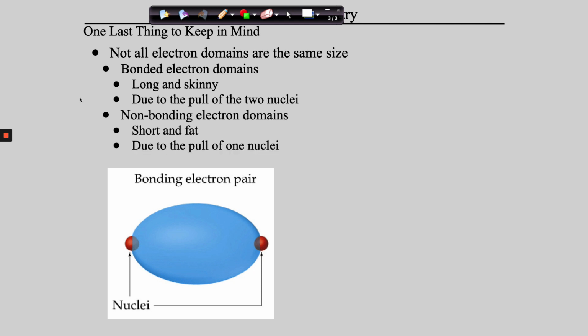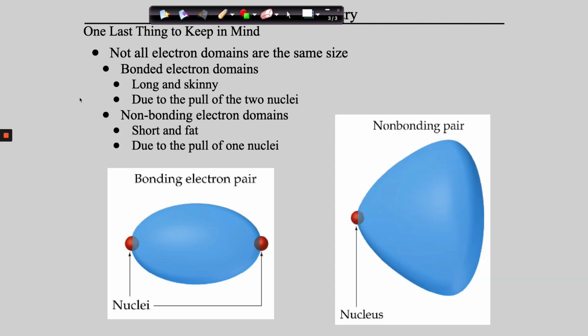Because they only have one nucleus pulling on them. And because only one nucleus is pulling on them, they get pulled down and they get short and fat. So this is by comparison what a non-bonding electron domain looks like. They are short and fat.